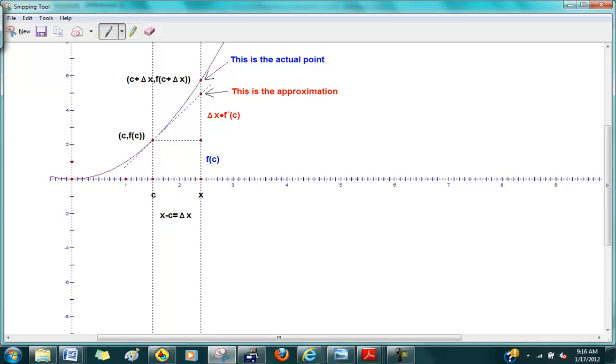Just so that you see what's going on here, this red line here is delta x times f prime of c. The blue line here is f of c. And then the black line, that's this one here, is delta x, which is the same as this.